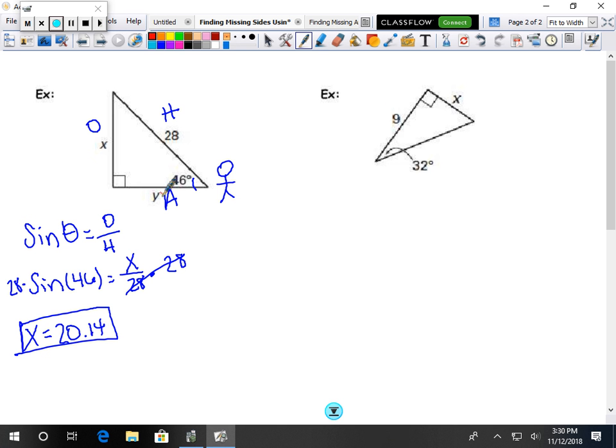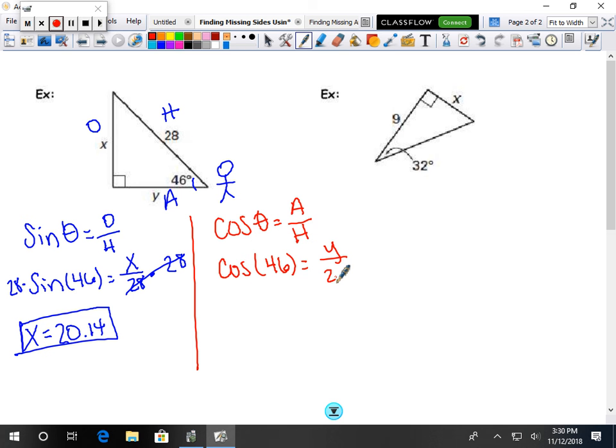Now let's solve for y. Y is my adjacent side, and again, I'm going to use my hypotenuse. I know we solved for x, but just in case we made a mistake, we don't want to use that. We want to use what they gave us. So A and H tells me I'm going to use cosine to solve for y. So I'll write down my formula, cosine theta equals A over H. Fill in my information, cosine of my angle, 46, is equal to A over H, so y over 28.